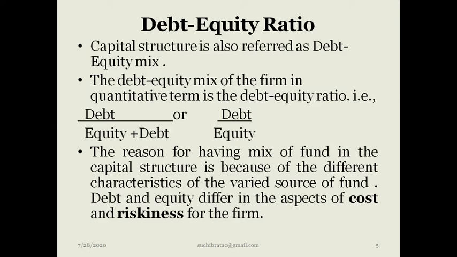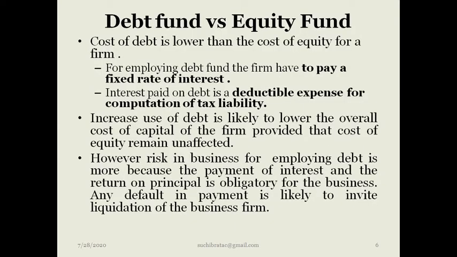The reason for having a mix of fund in the capital structure is because of the different characteristics of the varied sources of fund. Debt and equity differ in the aspects of cost and riskiness for the firm. So now let's make a comparison of debt fund and equity fund, that means the owner's fund and borrowed fund. What are their relative merits and demerits?